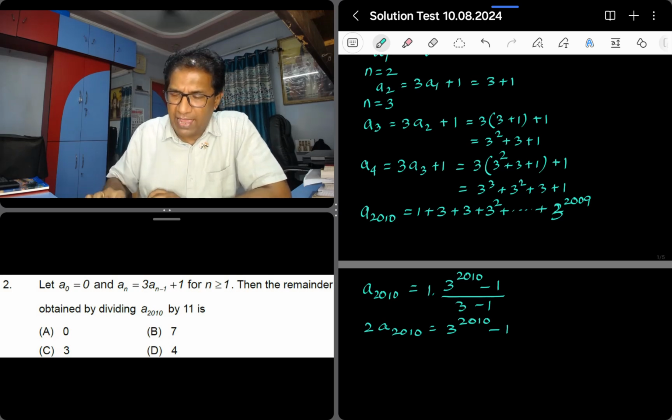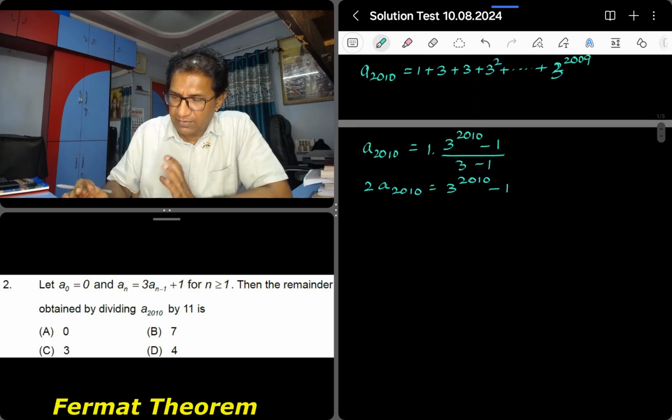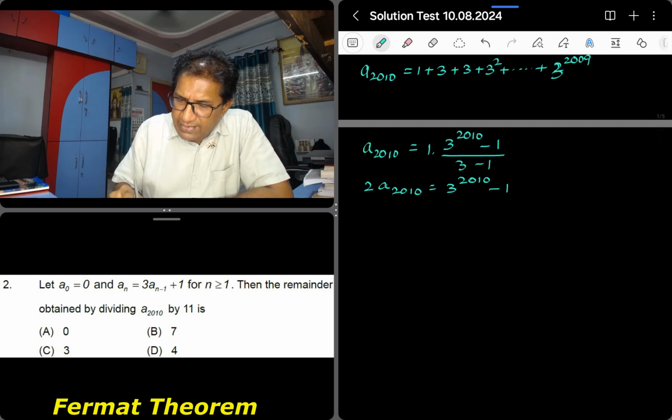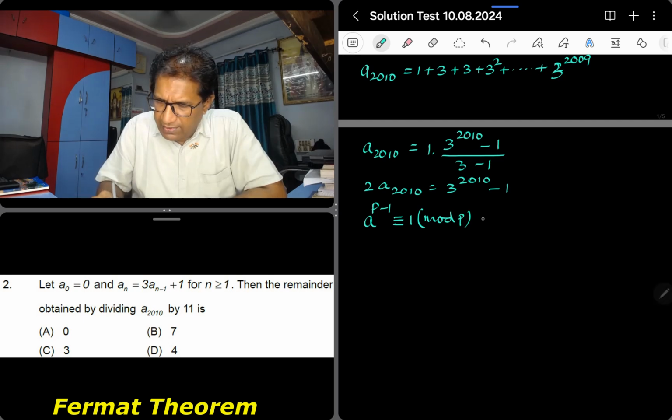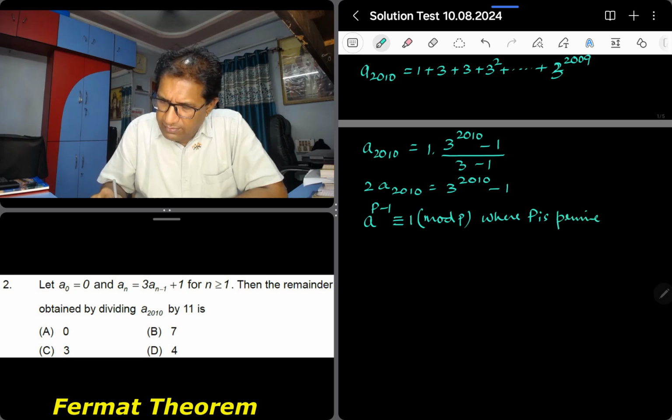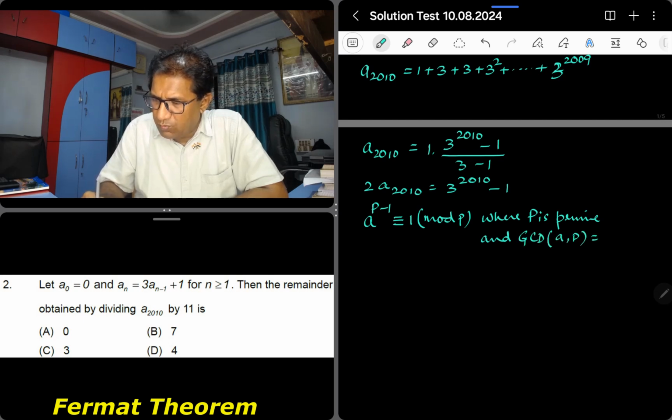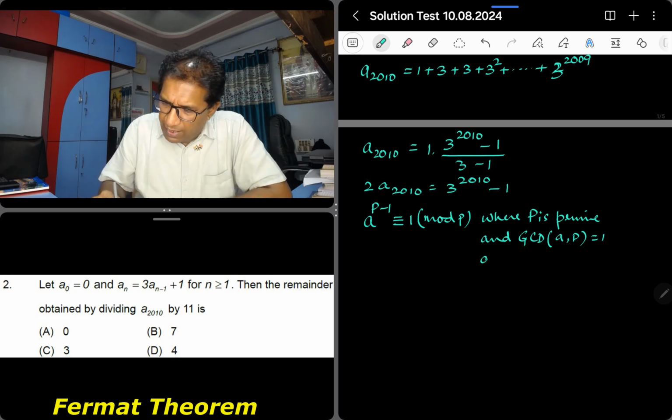Now, here I am applying Fermat's little theorem. It states that we all know that A to the power P minus 1 and 1 is congruence modulo P, where P is prime. And GCD of A and P is 1. That is, A and P are co-prime.